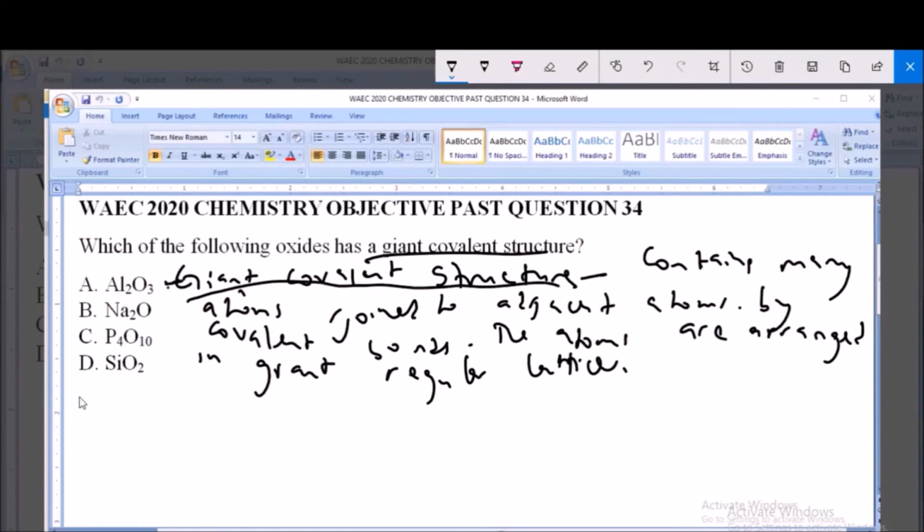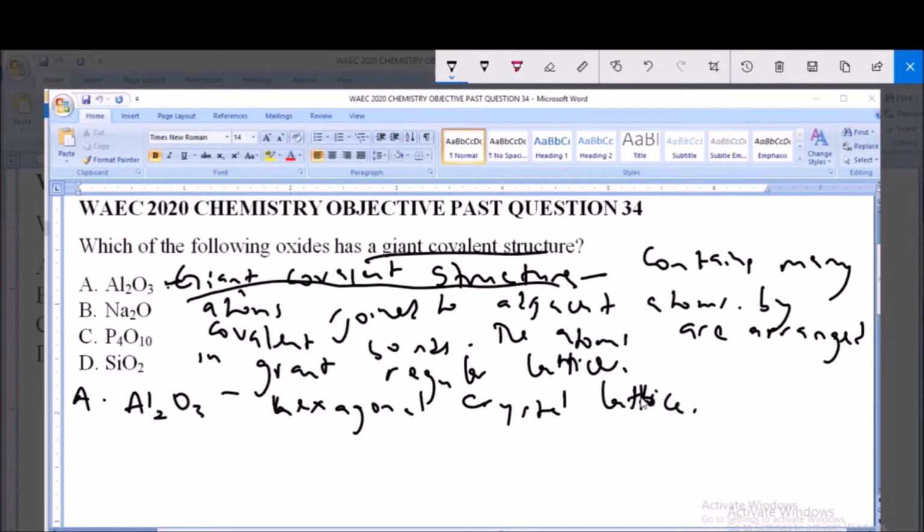Now the first one, option A, aluminium oxide, has a structure which is described as a hexagonal crystal lattice. So that is the best description for the structure of aluminium oxide.